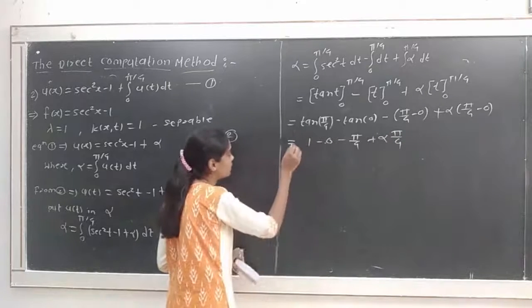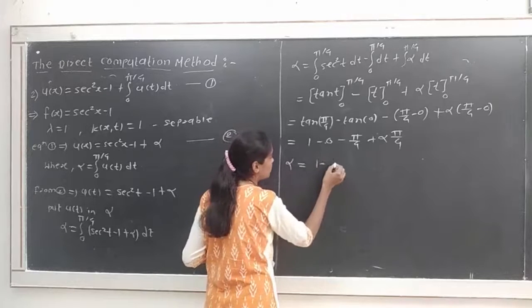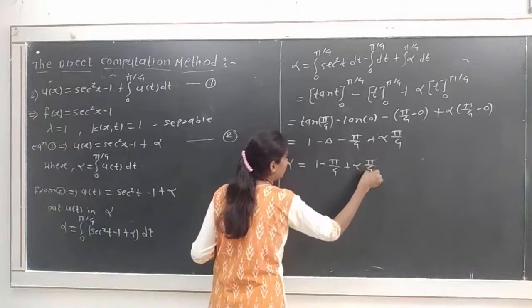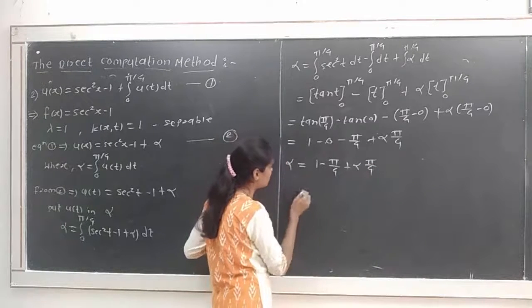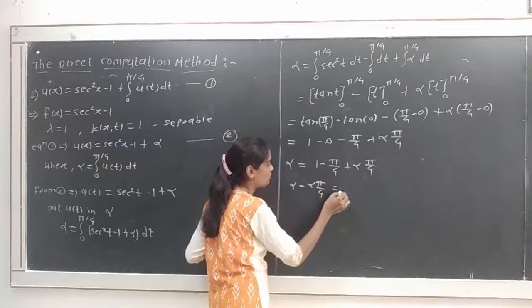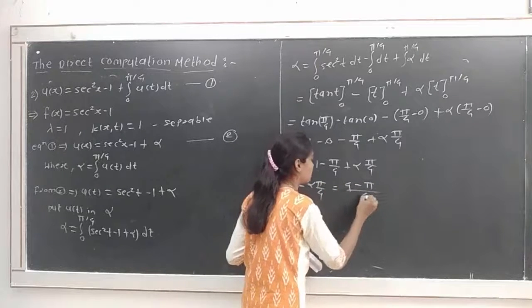Okay. Then here alpha will be equal to, we get 1 minus pi by 4 plus alpha pi by 4. Okay, we shift this term on this side, becomes alpha minus alpha pi by 4 is equal to, when we take cross multiplication we get 4 minus pi divided by 4.